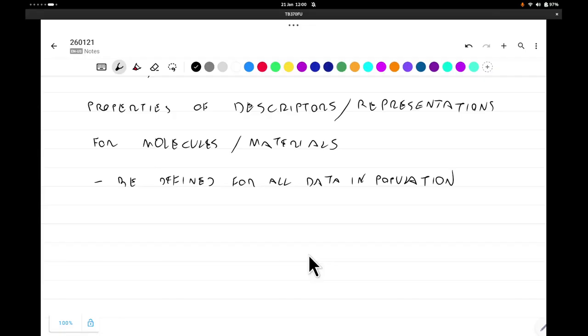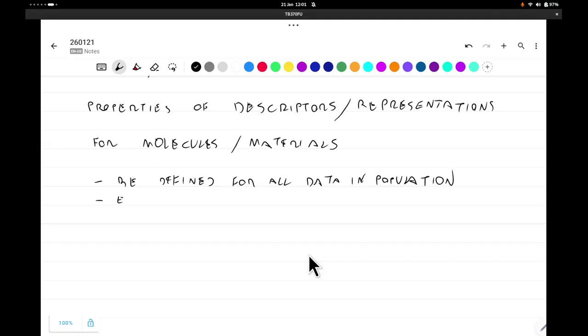So sometimes we have a network architecture itself to evaluate the descriptor. Sometimes we try to have something beforehand. But the idea is the same. In any case, it is important that we can define this descriptor for all the data points. Otherwise, we may encounter data points that cannot be described, and so we cannot do inference on them.